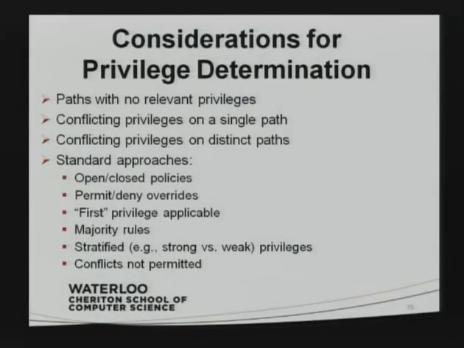And if you have two strong that conflict, that's just an error. And if you've got two weaks that conflict, I think that's also an error if there's nothing to resolve the problem. Or I could just say conflicts are not permitted at all. As soon as I come to this sort of a situation, I just say, forget it. You're not allowed to have a conflict. It's an error. We have to reconfigure the access control.